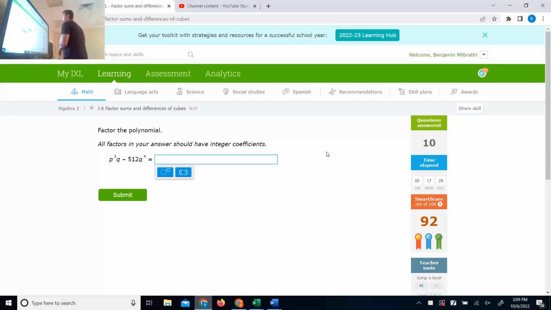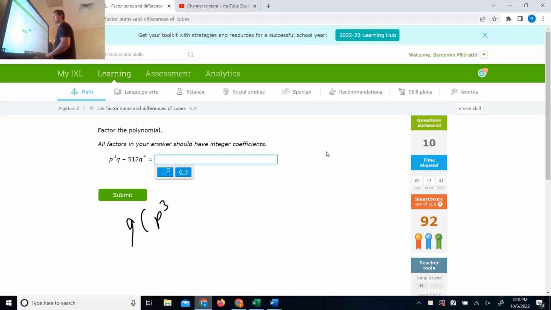So we got p cubed q minus 512 q to the 4th. It looks to me like you can pull a q from everything. You pull a q from p cubed q, you'll have p cubed left over.